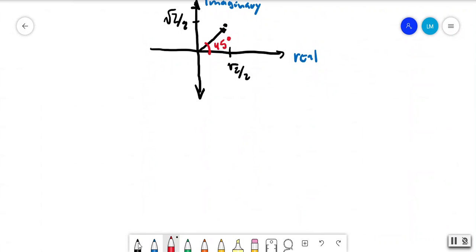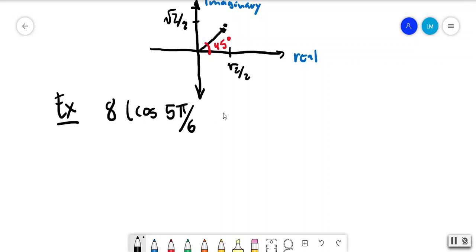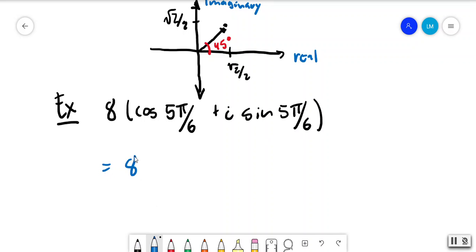Okay, so let's look at an example of going from polar form to rectangular form. Let's say that you have a complex number 8 times cosine of 5 pi over 6 plus i sine of 5 pi over 6. Basically, you just have to find 5 pi over 6, which is in the second quadrant of the unit circle.